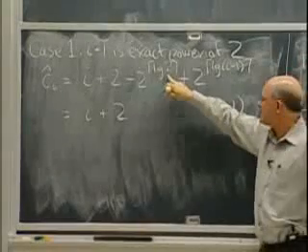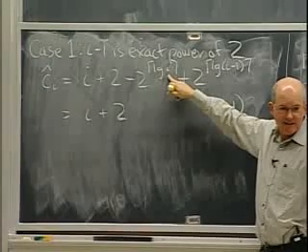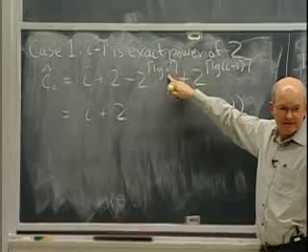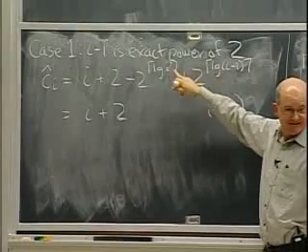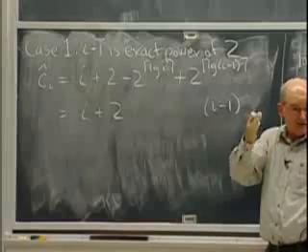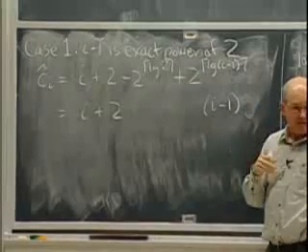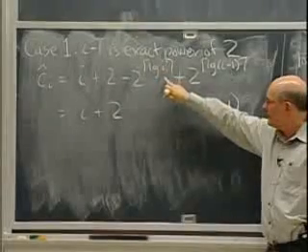Okay, this one, however, is not an exact power of 2. But what is it? It's just one more than this guy. We know that i minus 1 is an exact power of 2, so it's going to be the next bigger one.